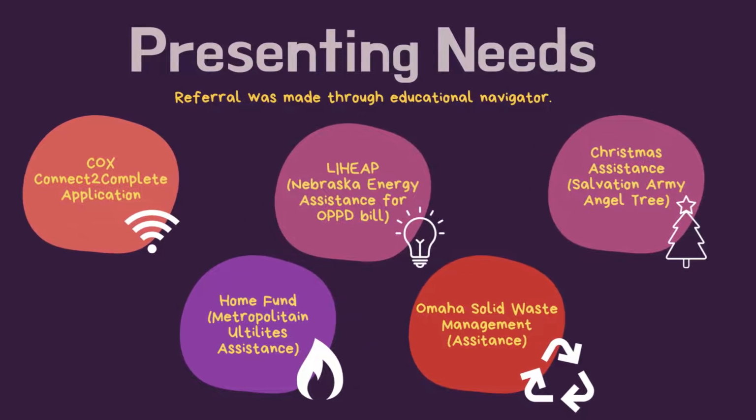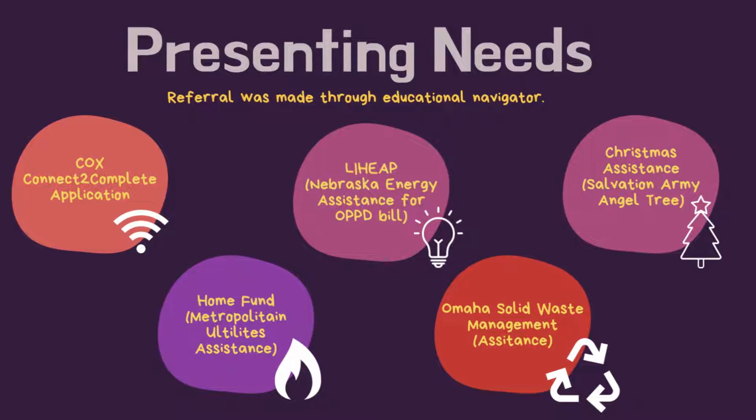So, as we look at the presenting needs, most of the referrals I get are through the educational navigators. The educational navigators are people assigned to individuals taking classes to do home visits and see how they're learning the parenting courses and how that child and parent interaction is.